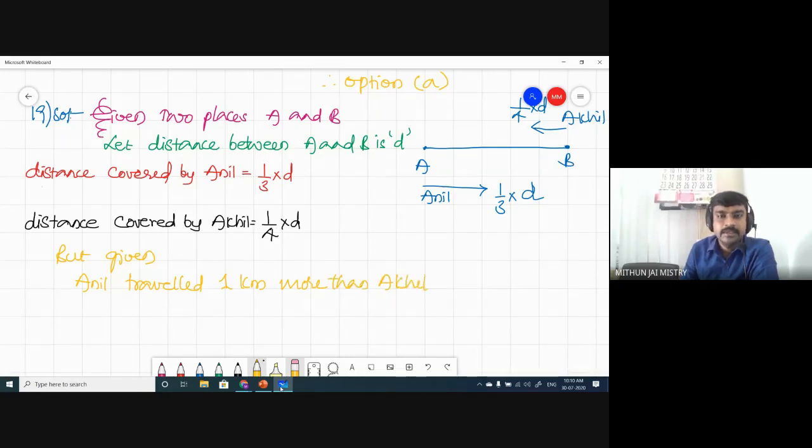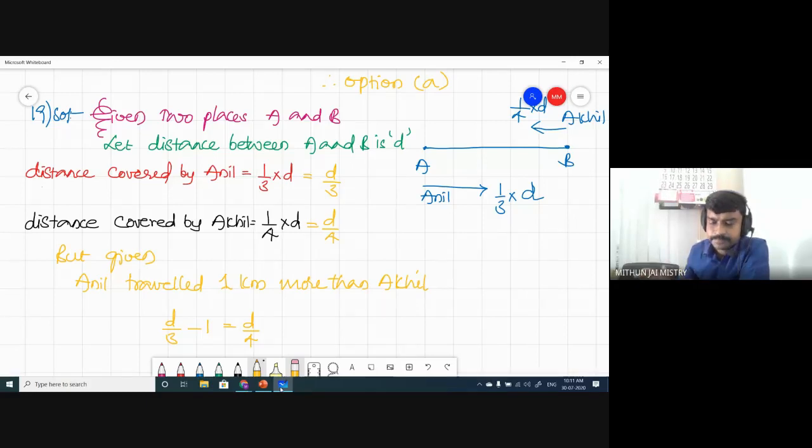That's why, what is the distance traveled by Anil? 1 into D is D/3. And the distance traveled by Akhil is D/4. So you can do two things: either you can write +1 here, or you can write -1 here. Is it clear for you, children, till now?